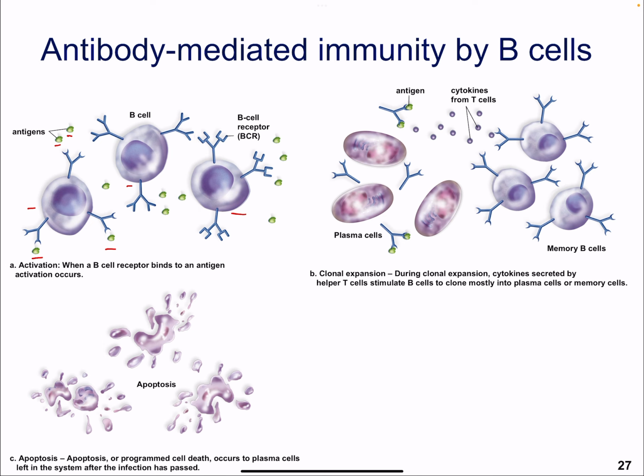Notice that only the B cells whose receptors match the antigen are going to undergo clonal expansion. So this one will not undergo clonal expansion because the B cell receptor does not recognize the antigen. This one also will not undergo clonal expansion because they don't recognize the antigen. Only this one will undergo clonal expansion.